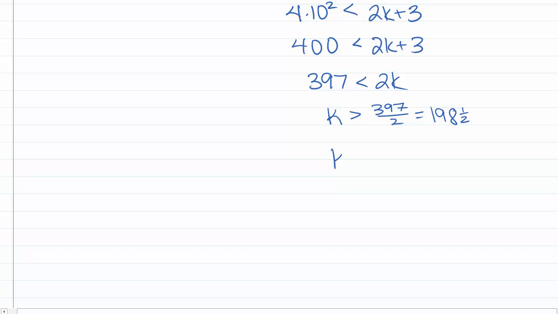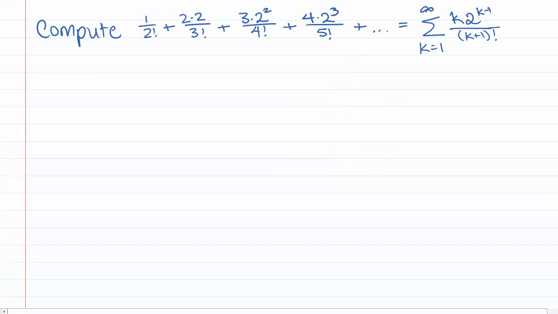So if k is 199, we'll make sure that our error is small enough. So we would have to add up the first, essentially 200 terms to get within 10 to the negative 2, to get 3.14.